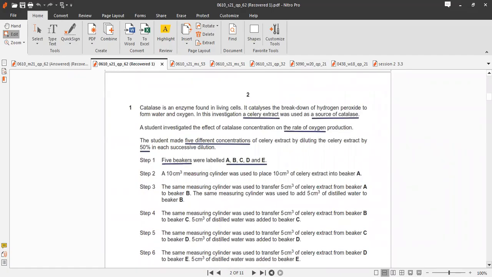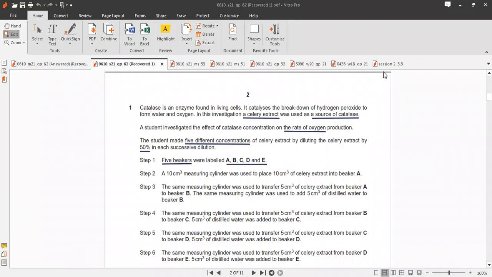Question number 1. Catalase is an enzyme found in living cells. It catalyzes the breakdown of hydrogen peroxide to form water and oxygen. In this investigation, a celery extract was used as a source of catalase.